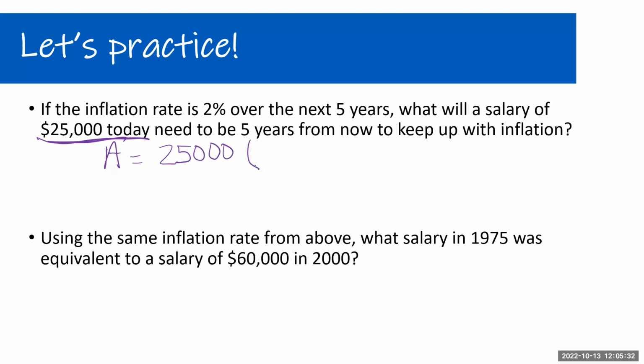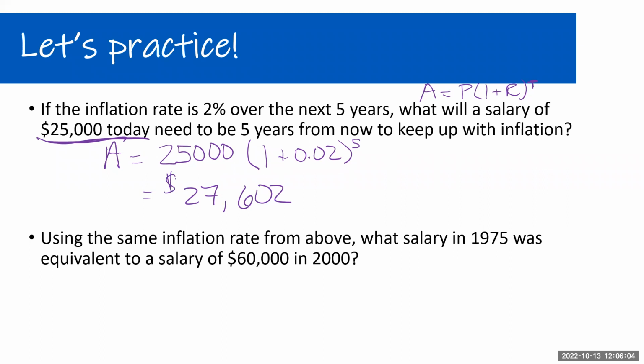With inflation, we can use that simplified formula of A equals P times (1 plus R) to the T. So 25,000 times (1 plus 0.02) to the 5. And if we solve that out, we're going to see 27,602.